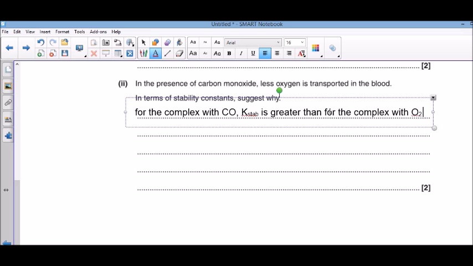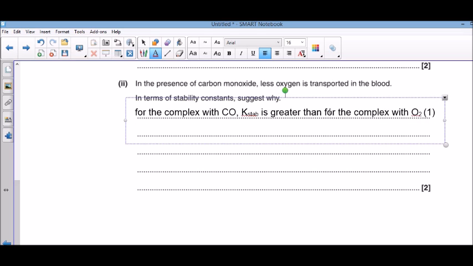That's going to be our first mark. And then for the second mark, we need to say this means that the CO bond is stronger. And that's the second mark.